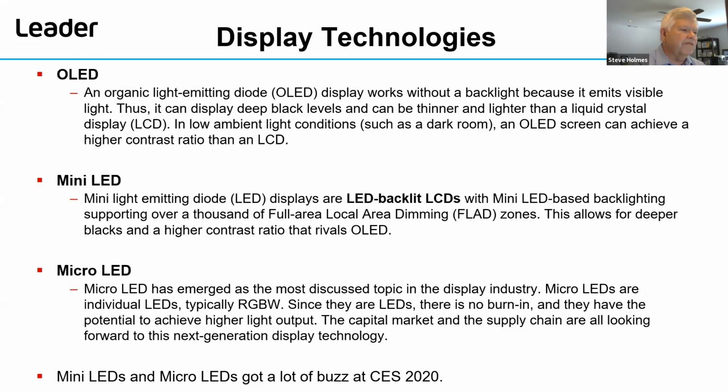So the lighting zones have gotten much smaller. Micro LEDs will probably become the replacement for OLEDs. Micro LEDs are the same size TV sets that we have today, but actually using conventional LEDs. They're just incredibly small. The nice thing about that, that'll get rid of any of the burn-in effects we've had for years.